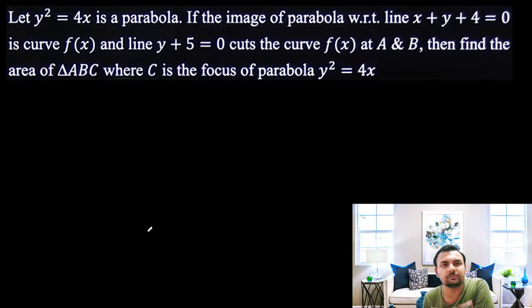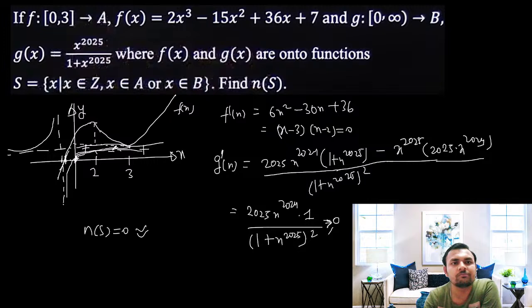No intersection. So s belongs to x as the integer, x belongs to a. And our domain is from 0 to 3, and 0 to infinity. So in this, what will happen? S belongs to integer.